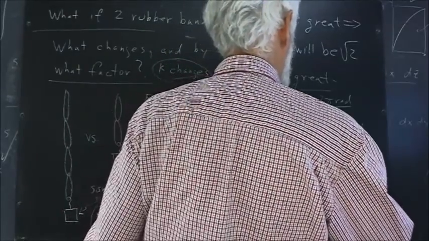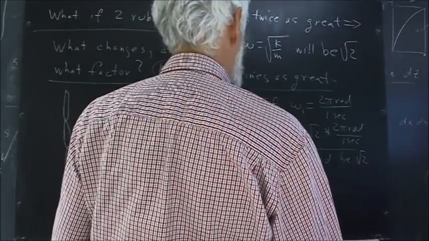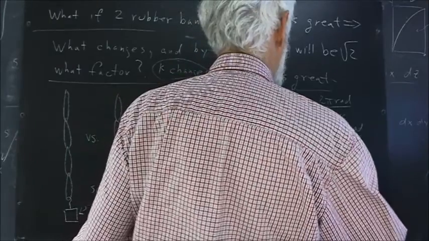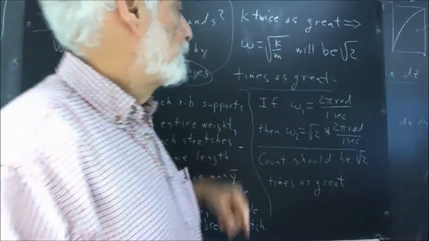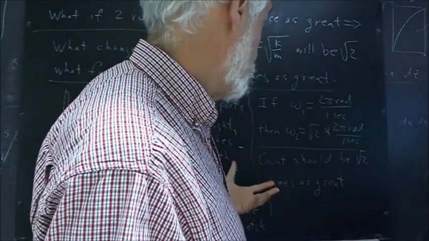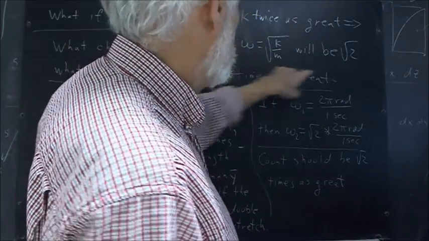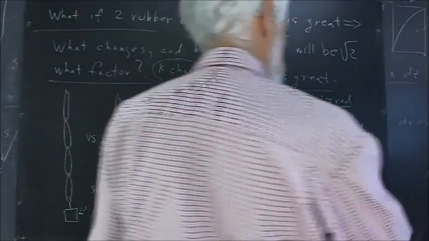The count should be square root of 2 times as great. It wasn't really necessary to write these relationships. Omega is directly proportional to your count. So if omega is square root of 2 times as great, your count should be square root of 2 times as great.